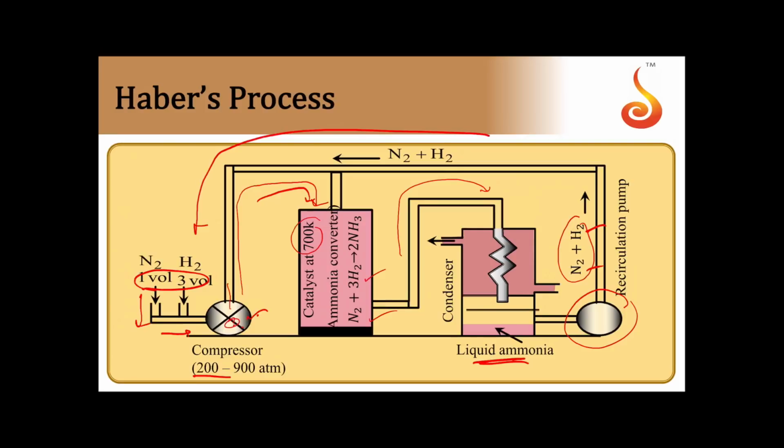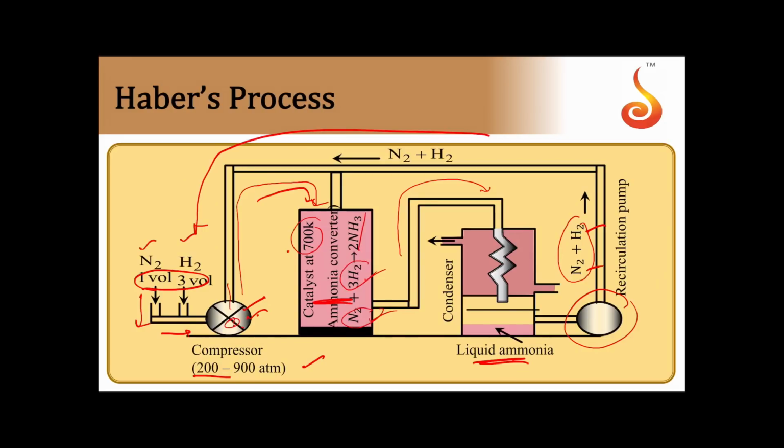Let us see once again. A mixture of N2 and H2 is passed first of all into the compressor, where they are compressed to a high pressure of about 200 to 900 atmospheres. From this they are passed into the catalytic chamber, where you have a catalyst at a high temperature of about 700 Kelvin. Here the actual reaction takes place between nitrogen and hydrogen.